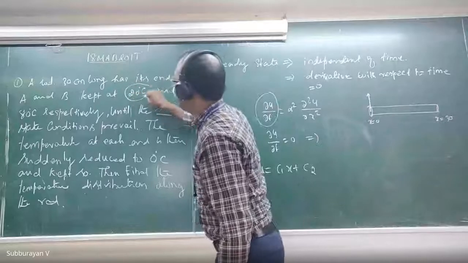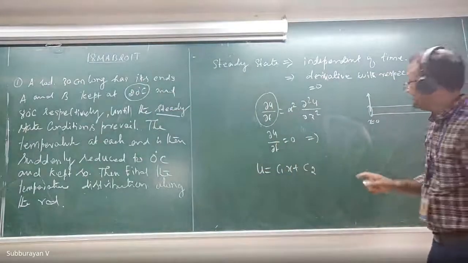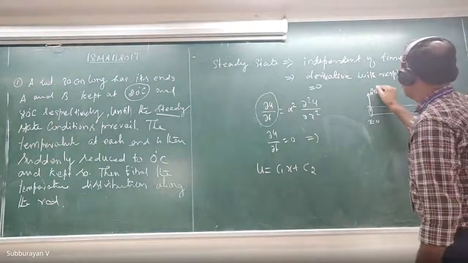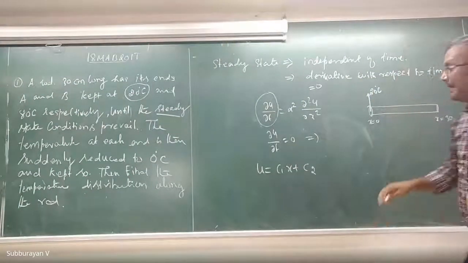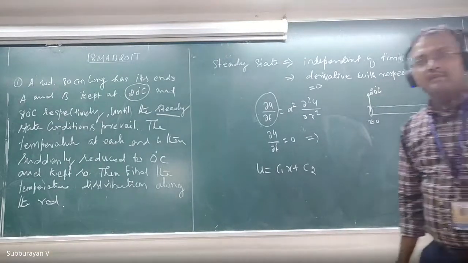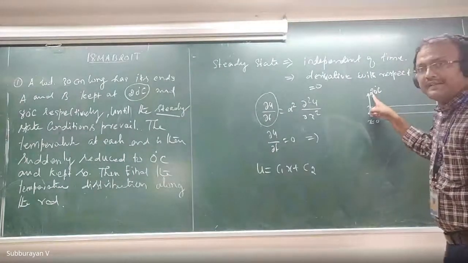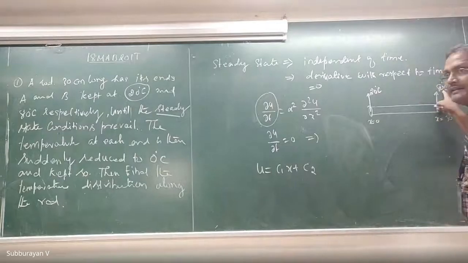The temperature at the left end is 20 degrees Celsius, and the temperature at this point is 80 degrees Celsius. That is, at x equal to 0 it is 20 degrees Celsius, at x equal to 30 it is 80 degrees Celsius.